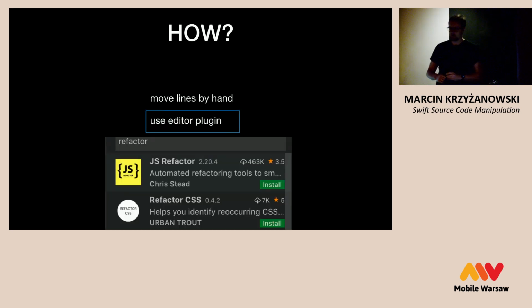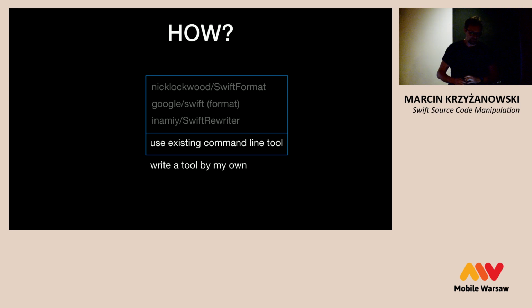Another option is to use some kind of helper, like an extension to the IDE, but we work with Xcode, so it's not really an option. Or I can set up one of the available tools. If there's a rule that I'm happy with, I should adjust this tool and just put it in the flow of building or just working with the code.